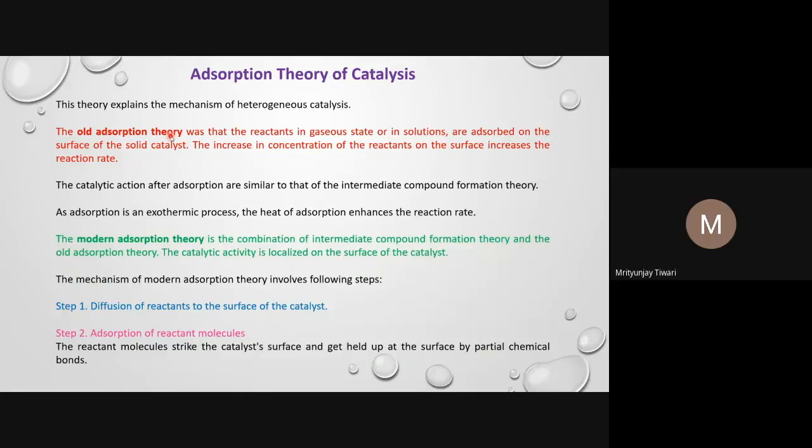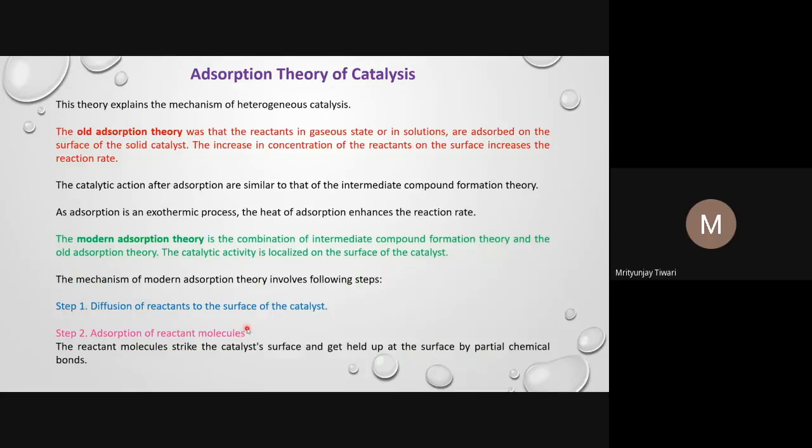After they are adsorbed, the reactants which are closer by will combine and form the product. After product formation, the product is released from the surface, so the vacancy is again created on the surface of the catalyst, and this reaction will keep happening again and again. The mechanism of modern adsorption theory involves the following steps.